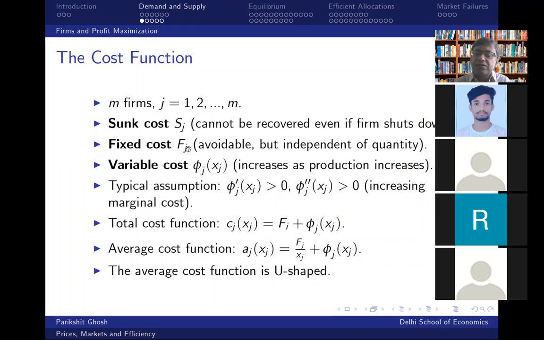So that is a sunk cost as far as the dentist is concerned in our example. What is an example of fixed cost? Well, the dentist is running his chamber right now, even while he's contemplating his decision whether to go to Bombay and join the film industry. So there's a monthly rent he has to pay for his office premises, for his chamber.